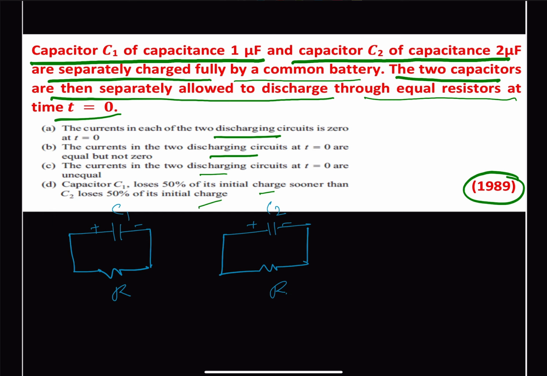C1 is of 1 microfarad and C2 is of 2 microfarad. And discharging current in a circuit, the general formula, if we are having capacitance C and resistance R, is I is equal to I naught e raised to power minus t upon RC, where I naught is our initial current.